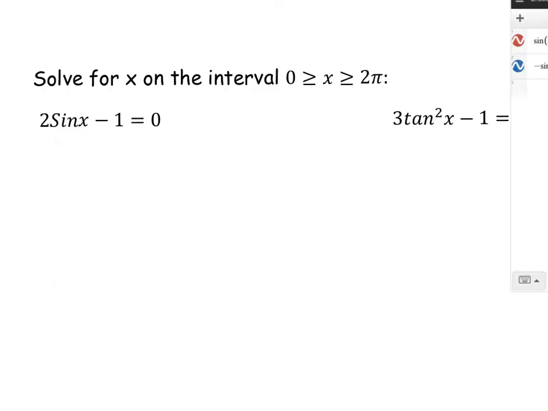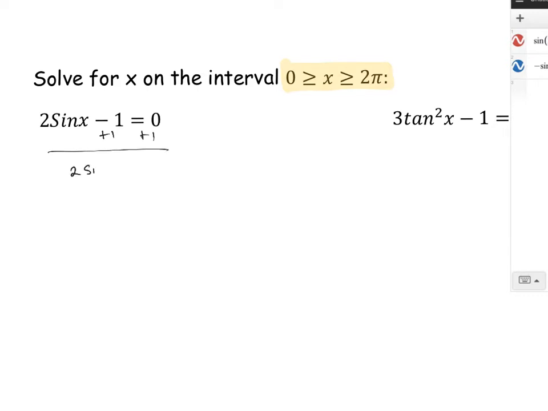Okay, so on this next one, there are going to be quite a bit fewer solutions. So we're going from an infinite number of solutions down to a finite number of solutions because we're limiting our interval. Okay, so here we've got 2 sine x minus 1. So I'm going to isolate my trig function.